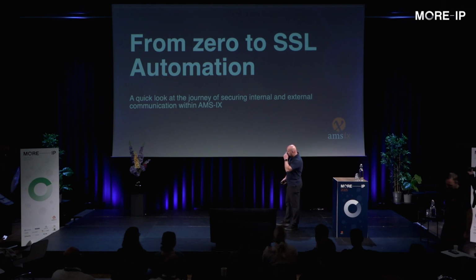Okay, so let's start. When I joined AMS-IX, one of the things I noticed is that a lot of security stuff was fine, but people had started ignoring the red warning that shows in the browser when you open a page with an expired certificate. So I started looking into that.